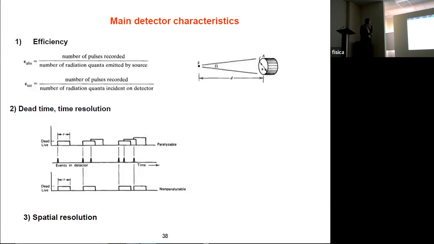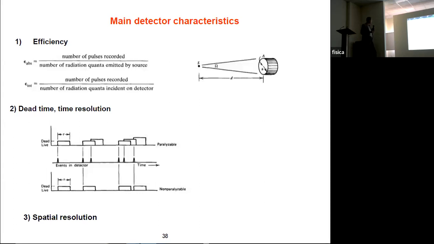And the intrinsic efficiency is the number of pulses recorded, the number of events which are really detected, divided by the number of gamma rays which fall on the detector.